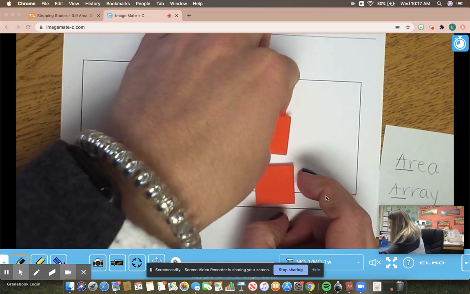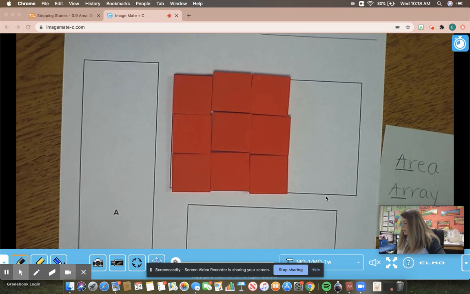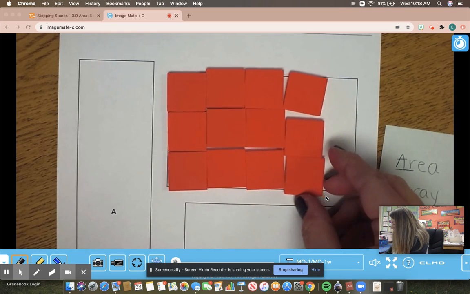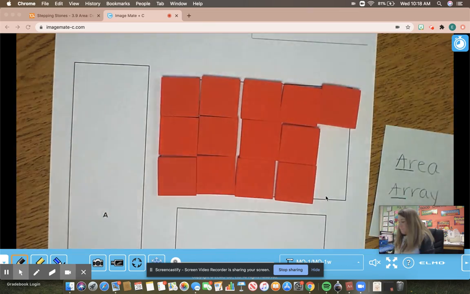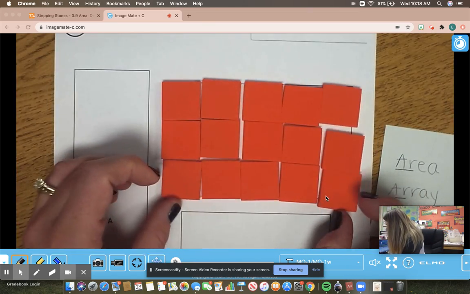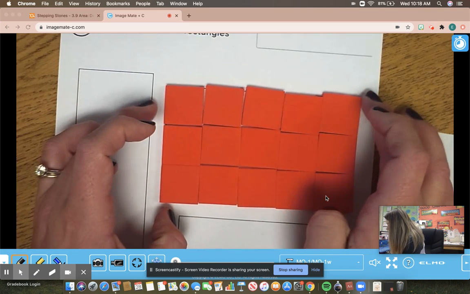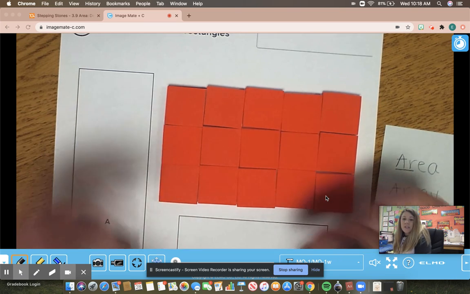So you should start to see that I'm making rows. And there's a certain number in each row, just like an array.